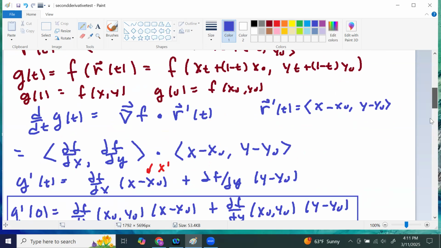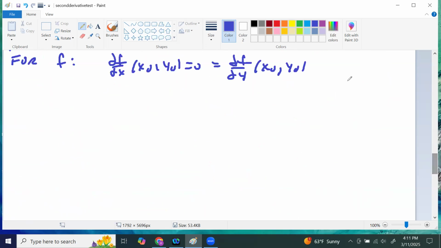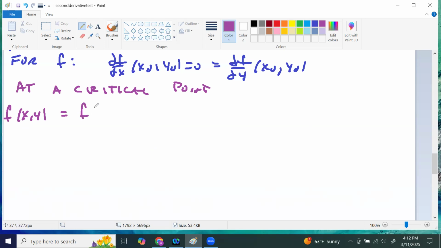So now what I'm going to do for ease, well, I guess I don't have to do this for ease. So at a critical point, we get that f of x y will be f of x naught, y naught, some constant, plus this stuff here.